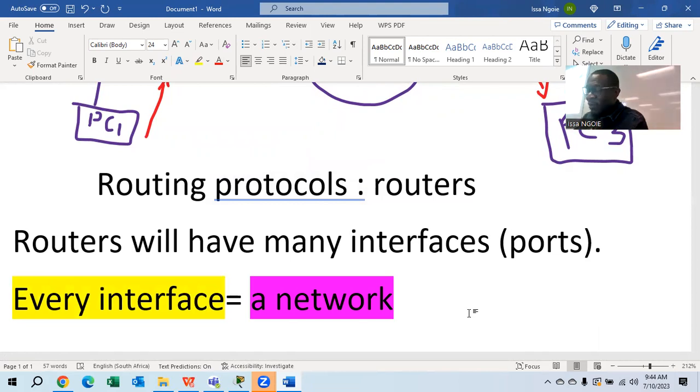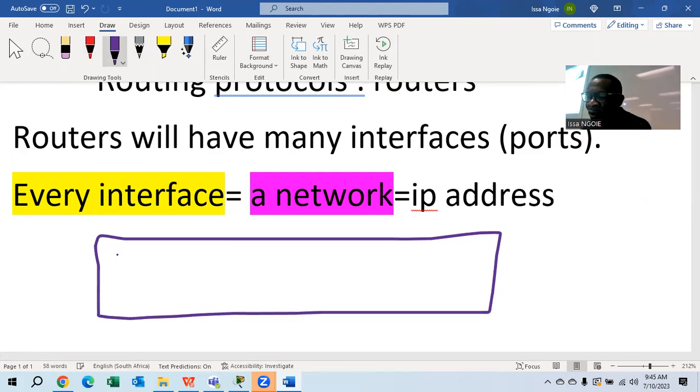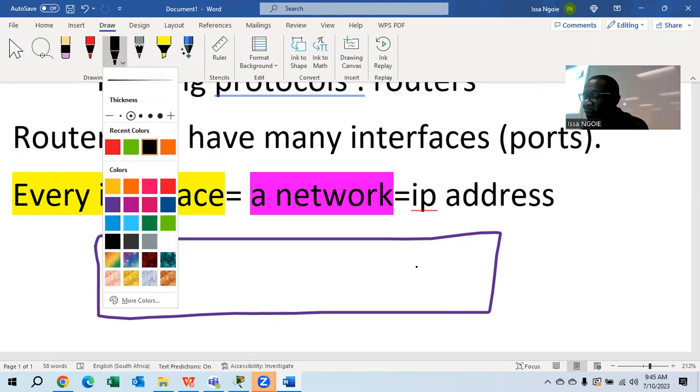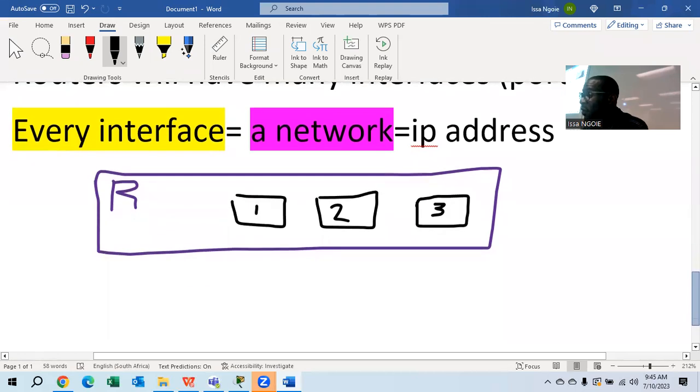And when we are saying it's a network, it means that there is an IP address, right? If I can draw it for you, suppose this is your router, right? Let's say there may be 3 ports. You have a router with 3 ports or 3 interfaces.